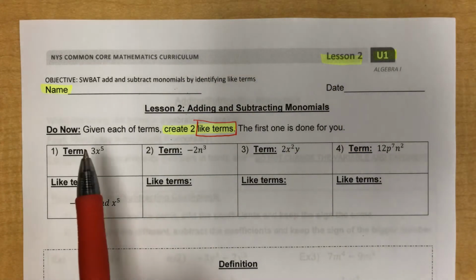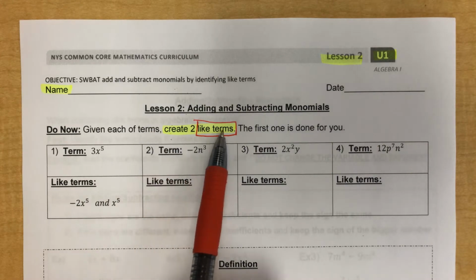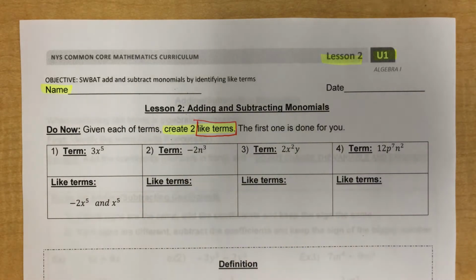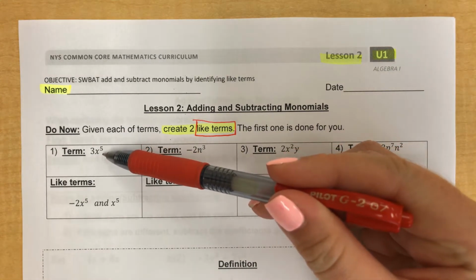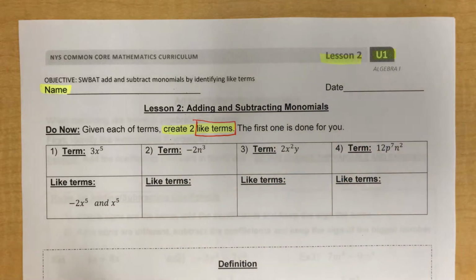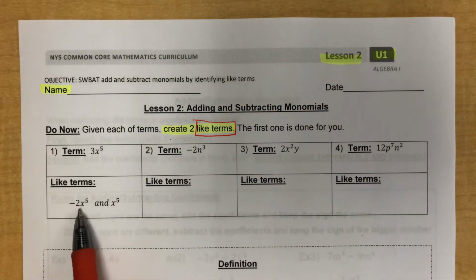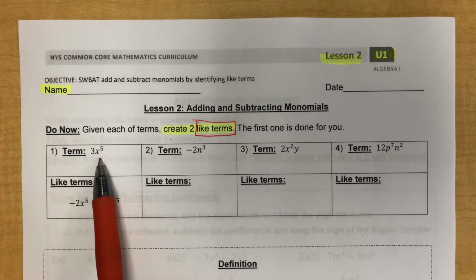So if I wanna create two like terms, it's telling me that the first one is done already, so let's look there. So it's showing me that the term that I'm starting with is 3x to the fifth. Down below, they're saying that these guys are like terms with that original example.